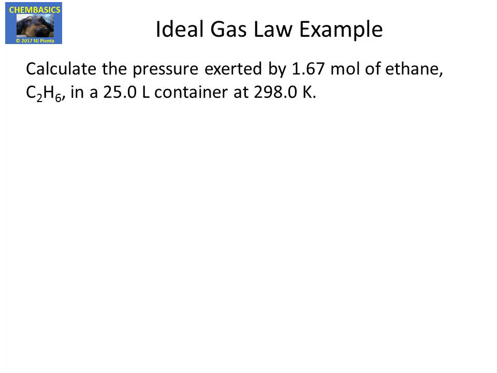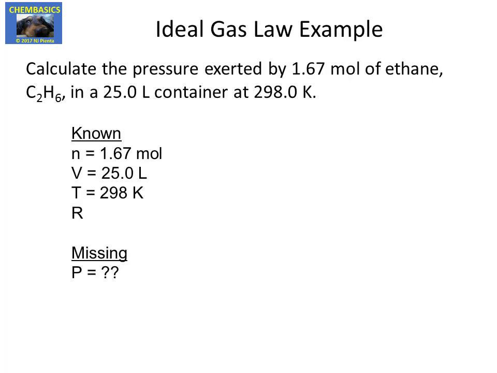It says calculate the pressure exerted by 1.67 moles of ethane, C2H6, in a 25 liter container at 298 degrees Kelvin. So we're asked to calculate the pressure. We're given the amount in moles of ethane, the volume in liters, and the temperature in K. So we can apply the ideal gas equation.